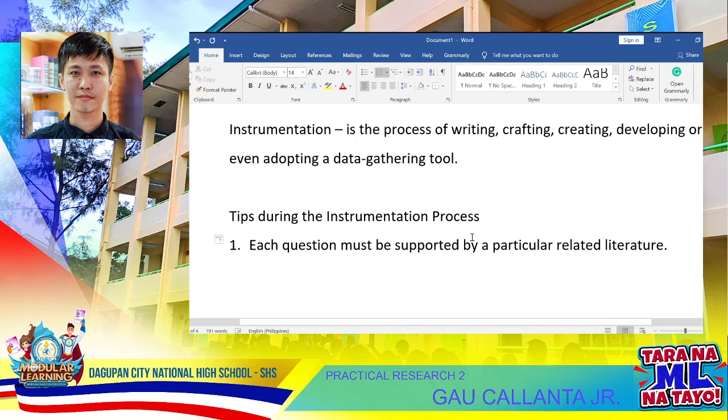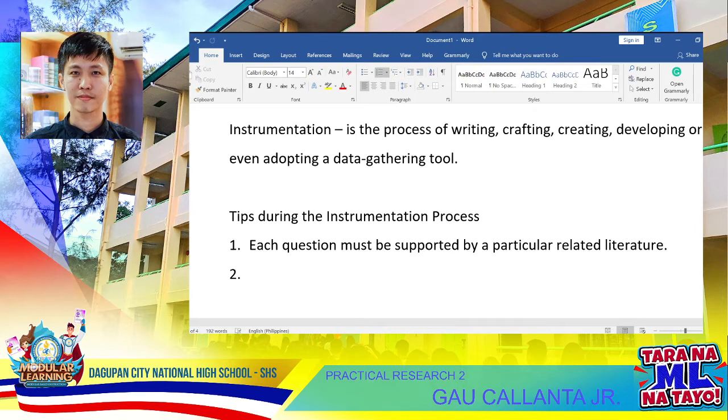Now, we proceed with number 2. You cannot just write a question because it is relevant or it is related. Being relevant to the title is not enough. Aside from being relevant or related, it must have a purpose.